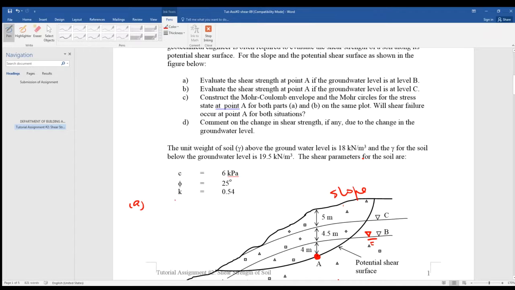Now, if you want to work out this shear strength at A, you have to use this equation, right? Very famous equation. So what's the cohesion? 6 plus sigma tangent 25°, right?